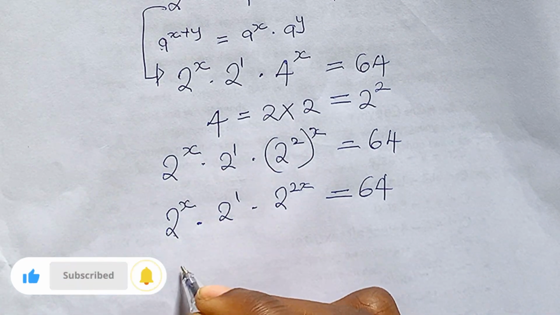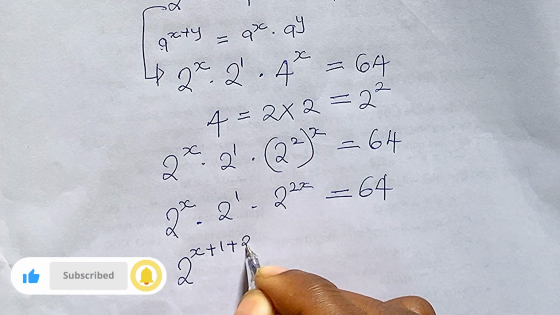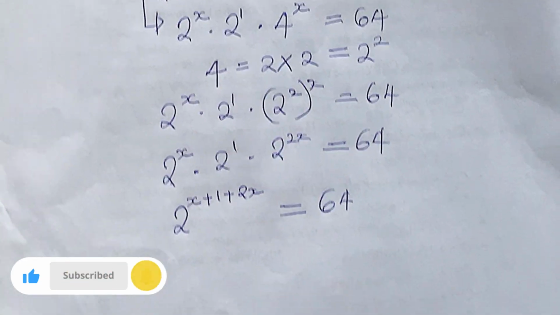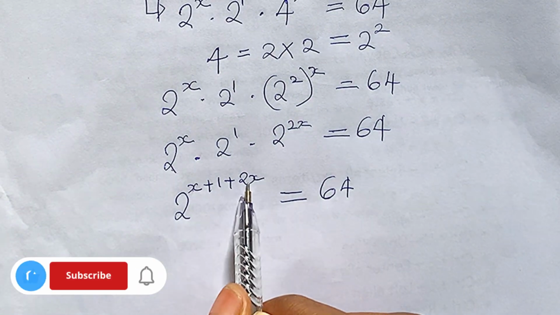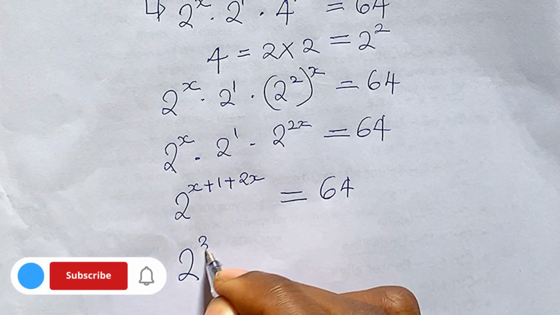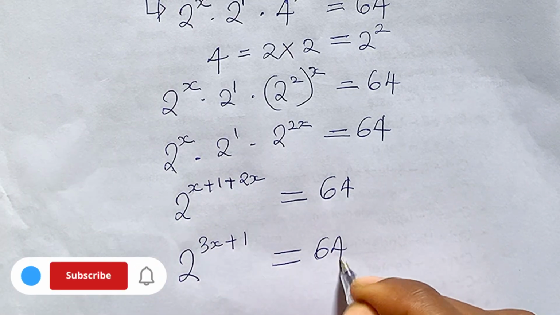So we have 2 to the power of x plus 1 plus 2x is equal to 64. Now, x plus 2x is going to give you 3x plus 1. So we have 2 to the power of 3x plus 1 is equal to 64.